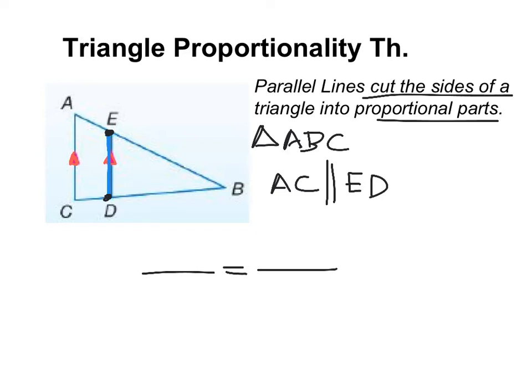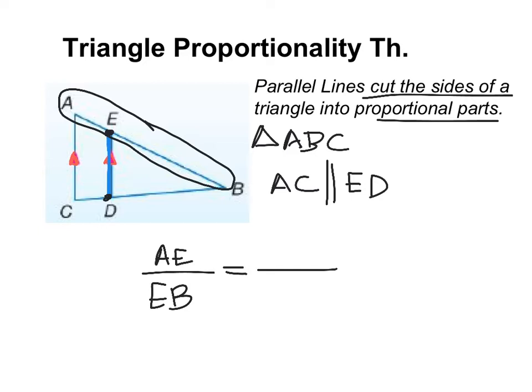So we can look at each side individually. Let's look at side AB. Side AB is being cut into the parts AE and EB. And because ED intersects the other side, it cuts the other piece into segments that are proportional to AE and EB.